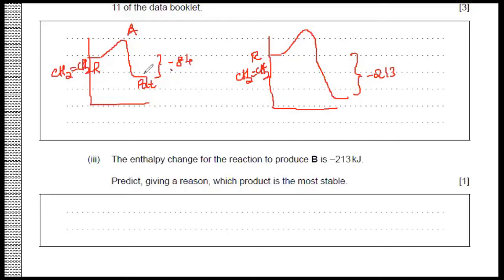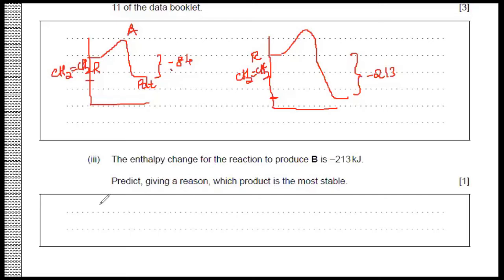The energy level for product A is higher than the energy level for product B. Since more energy was released when compound B was formed, B is more stable than A. I'll repeat: when B was formed, a greater amount of energy was released and hence B is more stable than A.